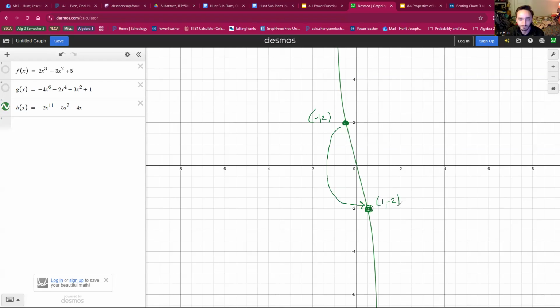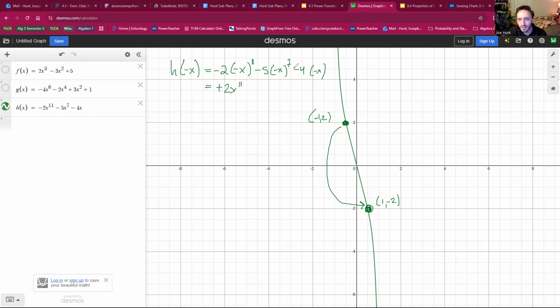Now, to verify it algebraically, we want to deliberately give h of x a negative input and see what we get. I'm going to have negative 2 times negative x to the 11th, minus 5 times negative x to the 7th, minus 4 times negative x. A negative number to the 11th is going to be a negative something. But the negative multiplies with the negative 2, and that switches to looking like positive 2x to the 11th.